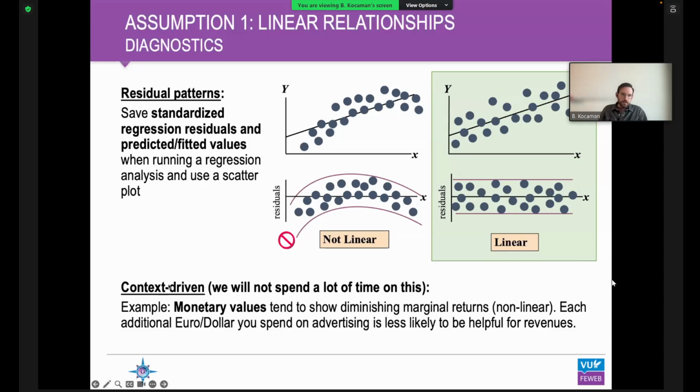And when you look at context-driven approaches, there are a couple of stereotypical examples of nonlinear relationships. For instance, monetary values tend to show what's called diminishing marginal returns. The additional dollar or additional euro you spend on top of 100 euros versus on top of 1,000 euros doesn't bring you the same utility, for instance.